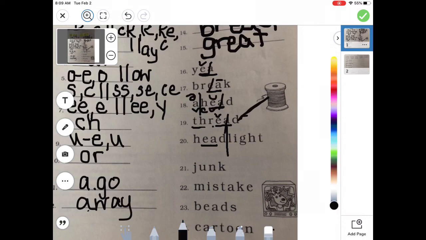No. Let's try it with the short E, sneaky A. Head, very good. And over here, what do you see? Got that trigraph IGH. So long I, sneaky G, sneaky H. Light. Head, light. Very good. All right, guys, we're going to skip coding those last couple words on the bottom for today.